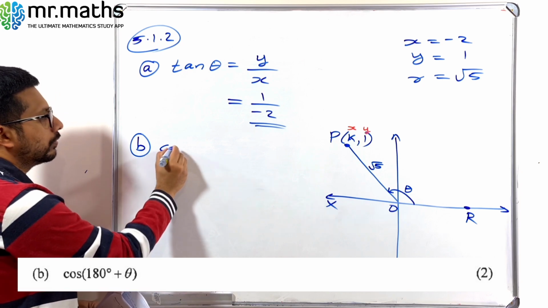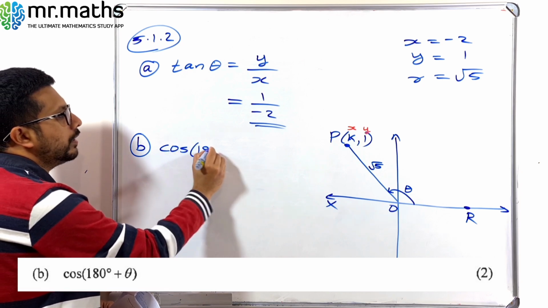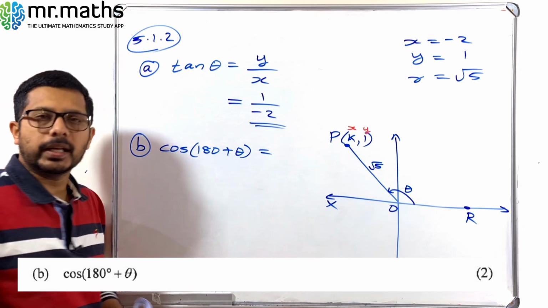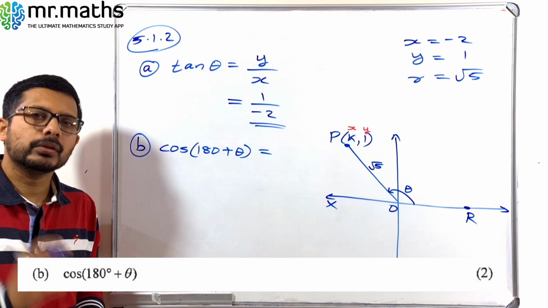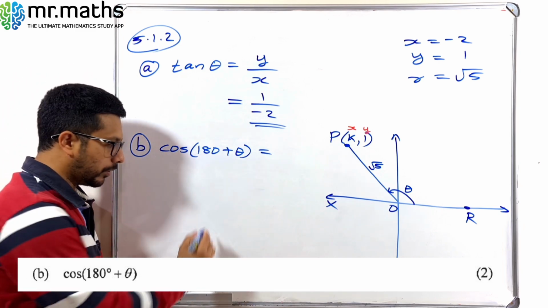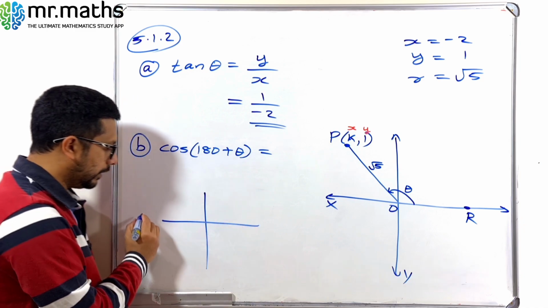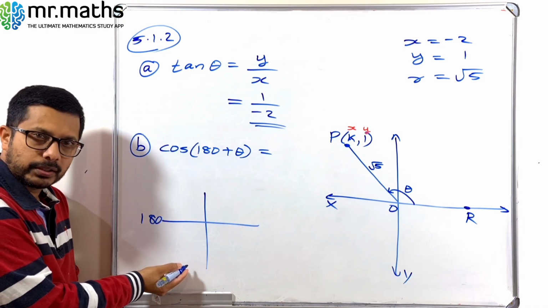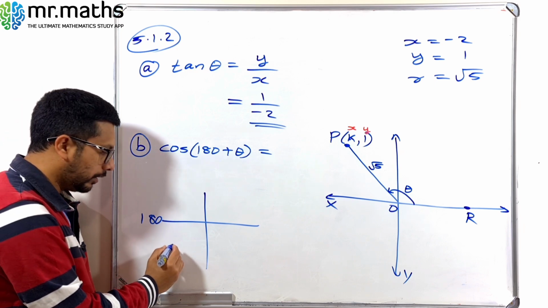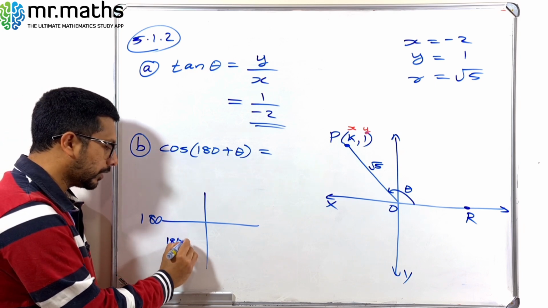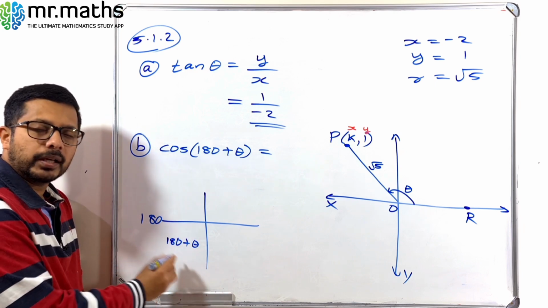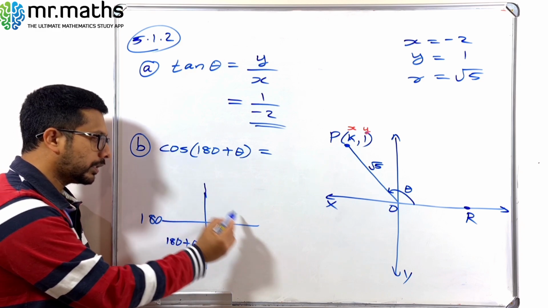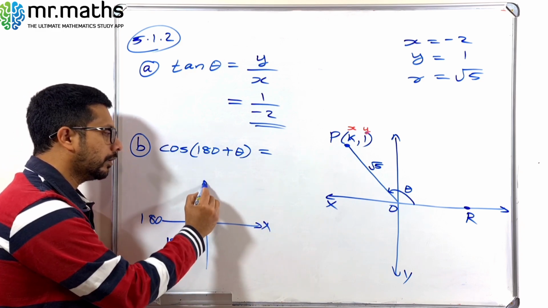Question number B: cos of 180 plus theta. Here you have to know the reduction formula. 180 plus theta means which quadrant? Third quadrant. And in the third quadrant, what is positive? You know this is the x-axis, y-axis.